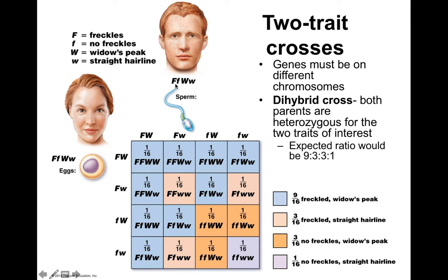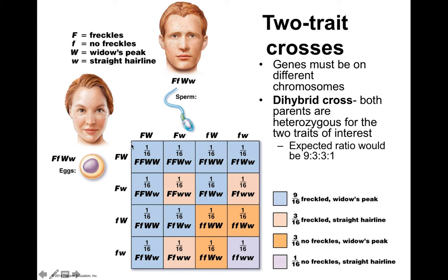And so in this instance of a heterozygote, we separate them accordingly. So dominant, big F, big W, big F, little w, little f, big W, little f, little w. So we have all the possible combinations for these genes in these sperm and eggs. So we put them all right here.